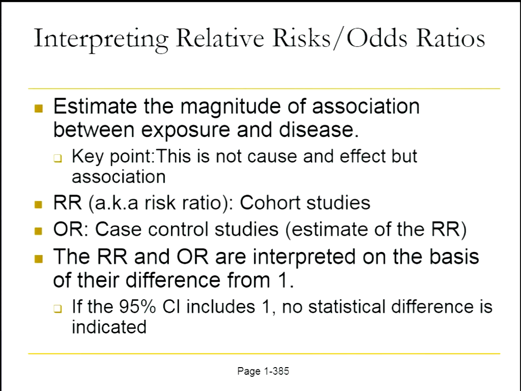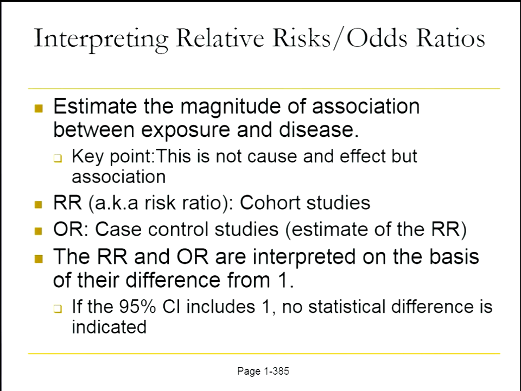For cohort studies, as we discussed, the relative risk, which means the same thing as the risk ratio, is used; you should know that nomenclature as being one and the same. For case control studies, it would be an odds ratio, which is an estimate, ultimately, of the relative risk. So: relative risk, cohort study; odds ratio, case control studies.